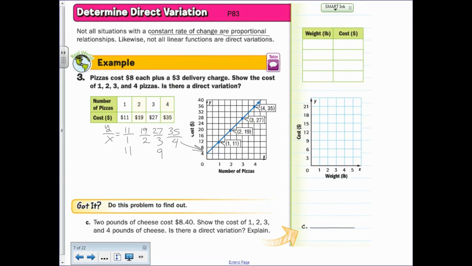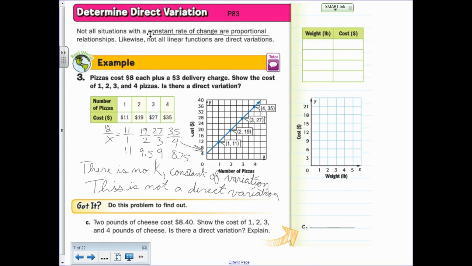Those are not the same. 19 divided by 2 would be 9.5. 35 divided by 4 is 8.75. So we don't get the same answer when I divide y by x. That means there is no constant of variation. There is no constant of proportionality, because this situation is not proportional. This is not a direct variation. It's not proportional. It's not a direct variation.